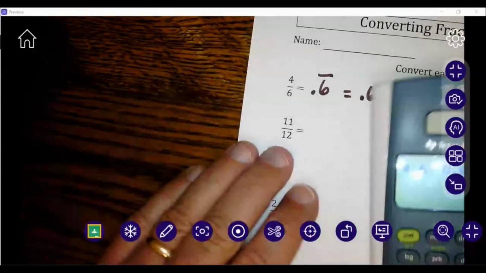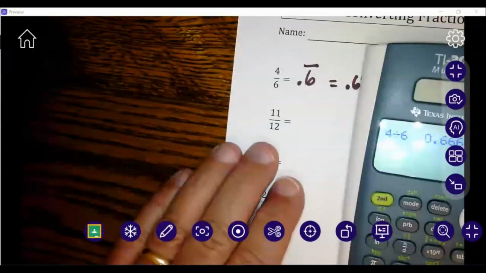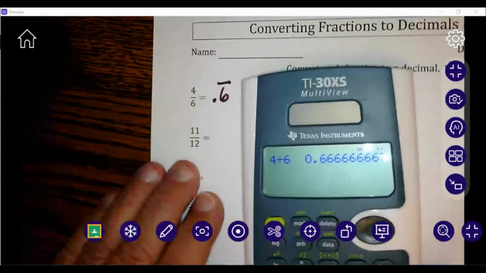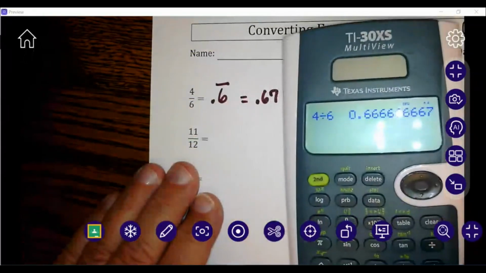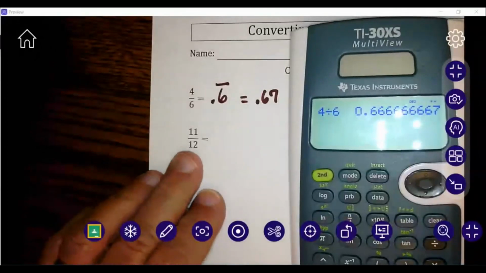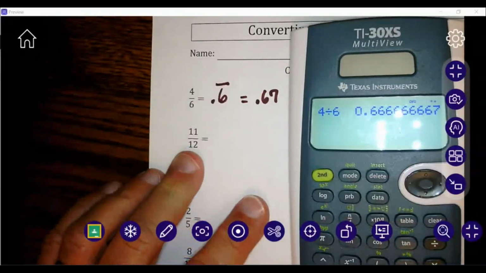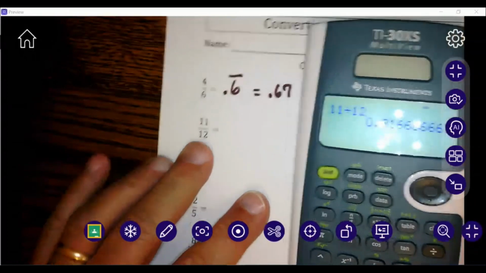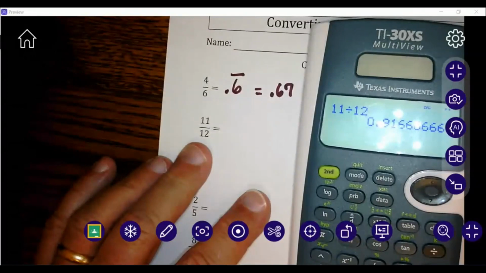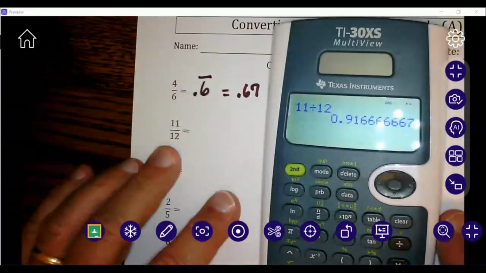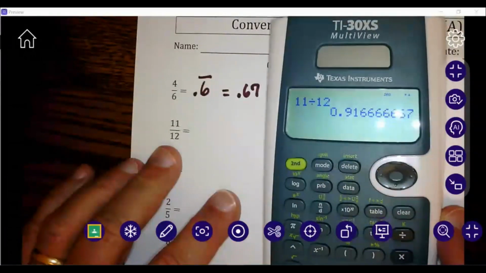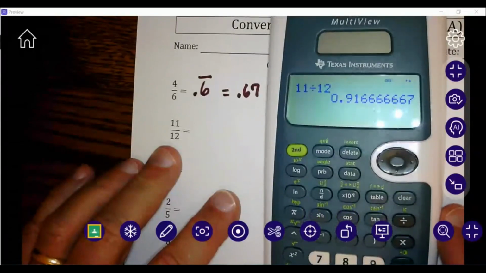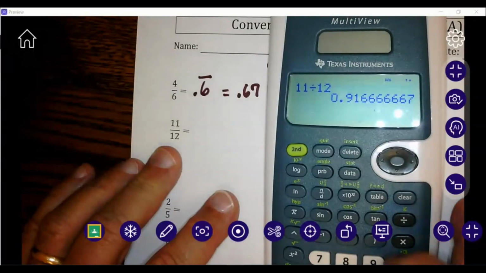Okay, going down the column. I would punch in 11 divided by 12, and we get 0.916666666666. So again, doing that both ways, the 6 is repeating.